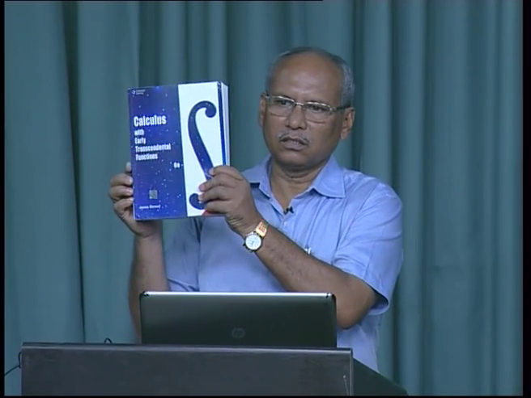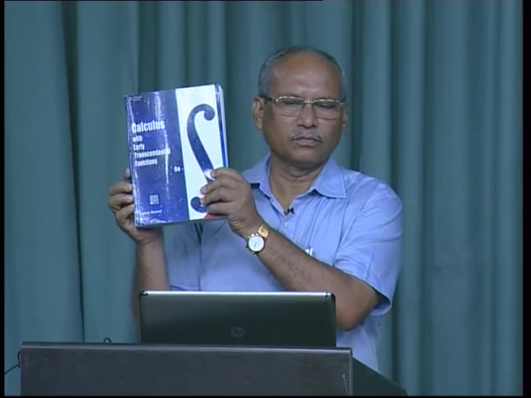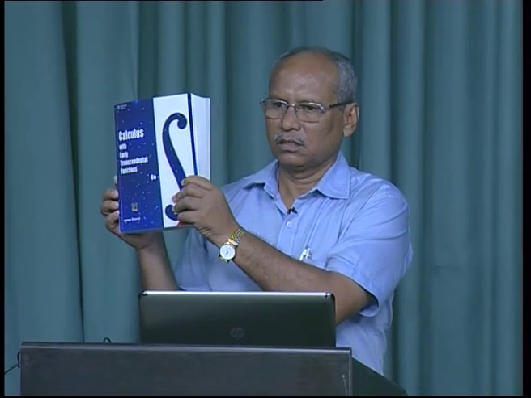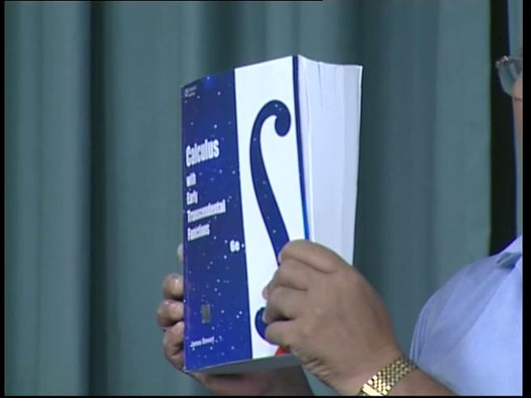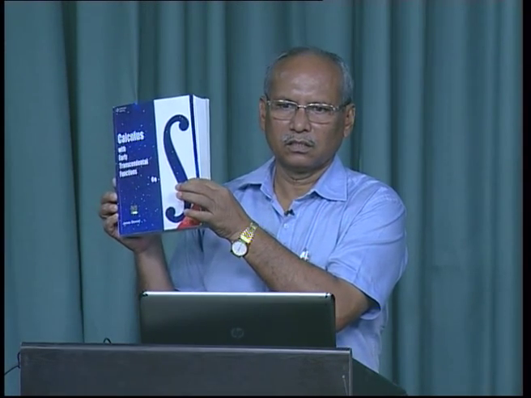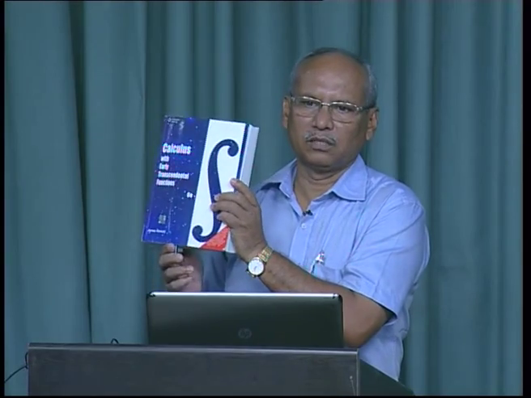Are you getting it? The title is Calculus: Early Transcendental Functions. What does it mean? Any idea? Transcendental functions? No. So, this book is referred to you, and we do not know the meaning of this title.